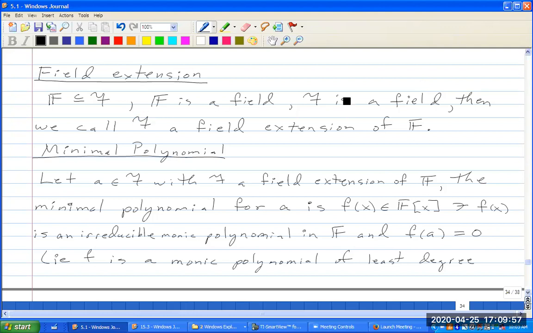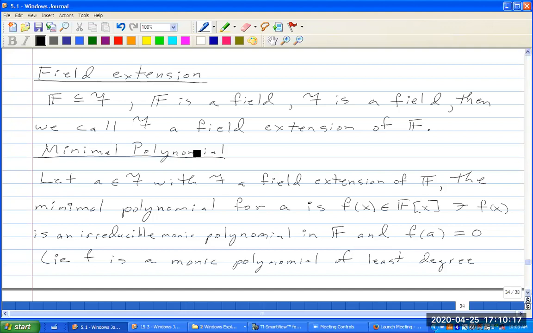Then we call curly F an extension of F. So if you have a field that's bigger than another field, then we say that it's an extension of the other field.